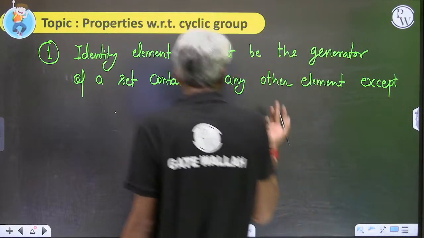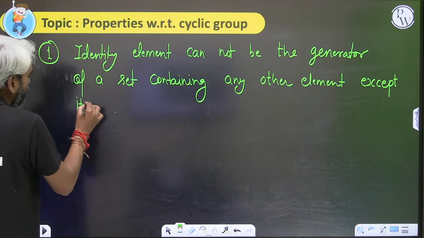If the identity element is the only element, then it's fine that it generates itself.